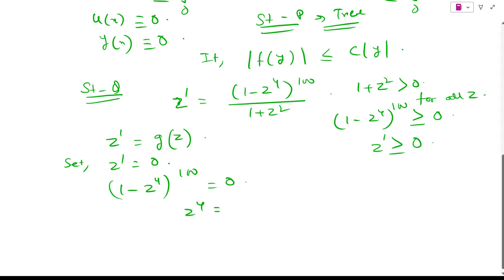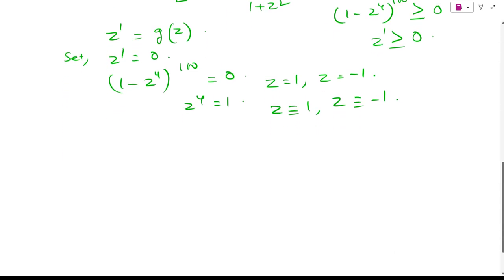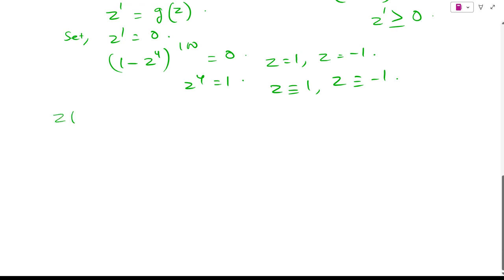Hence z to the power 4 is what? 1. So what are the real roots? z equal to 1 and z equal to minus 1. And thus the equilibrium solutions are, right. So we start at, now notice, minus 1 is less than 0 and 0 is less than 1.